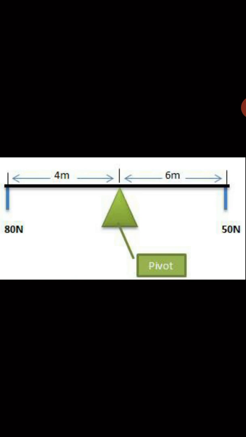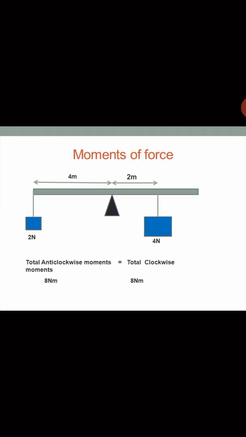So here it's elaborated more that the center point is the pivot. Now there is a principle of moment of force, and that principle is whenever there are two forces acting on either side of the pivot, the forces can be balanced or they can be unbalanced.